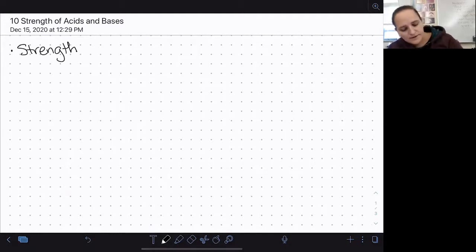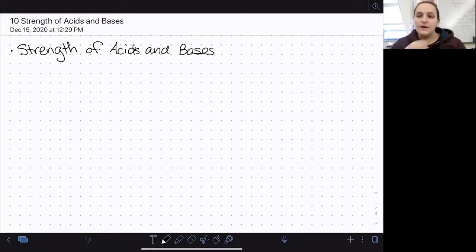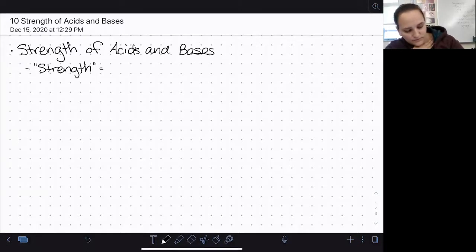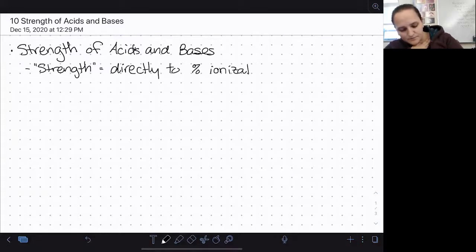So in terms of acid and base strength, what we're really talking about when we say something is a stronger acid or base is that it has a higher percent ionization, that more of the particles, when they dissolve in solution, react with the water to form ions. So this is directly related to the percent ionization of the acid or base when it is put in water.